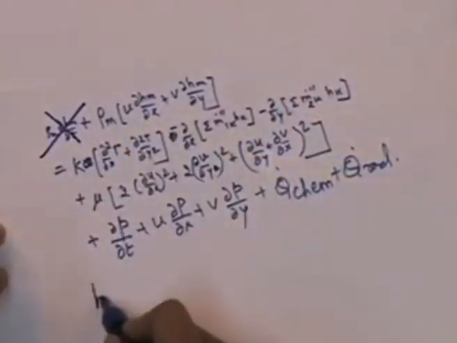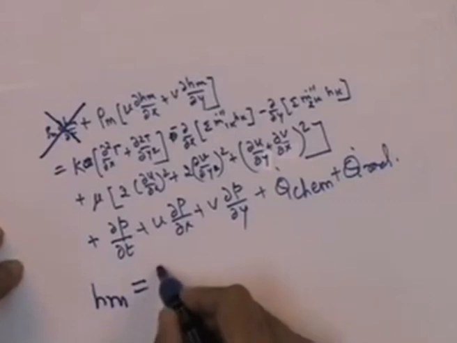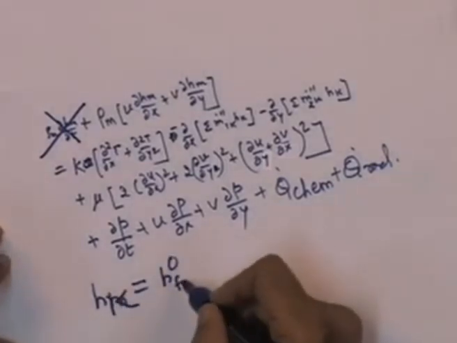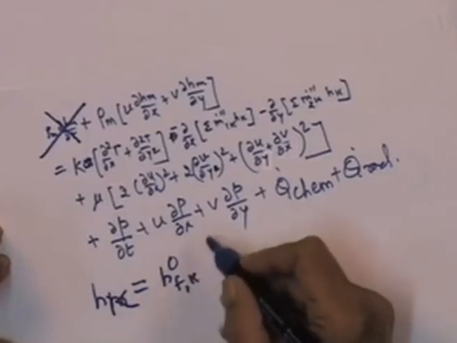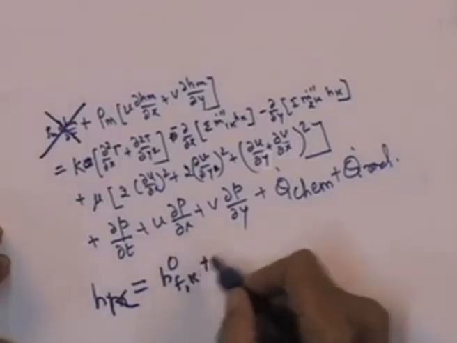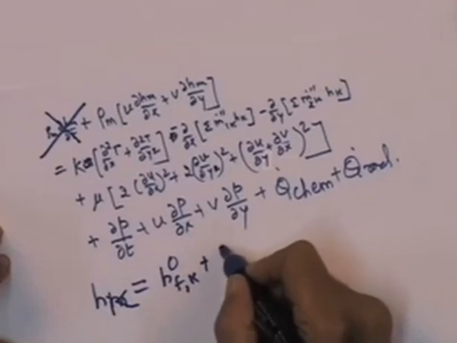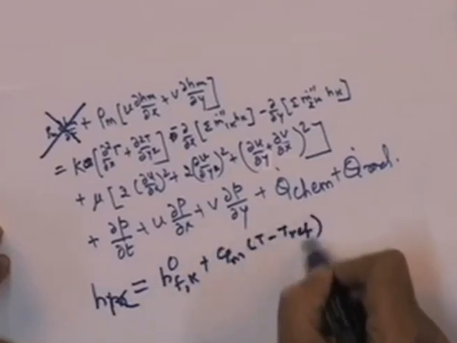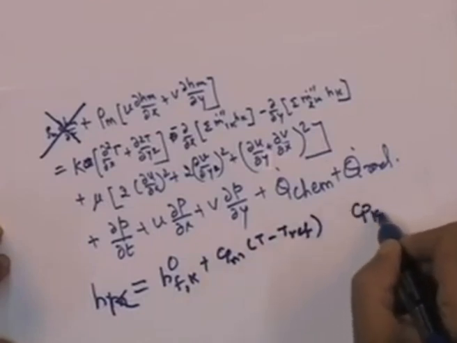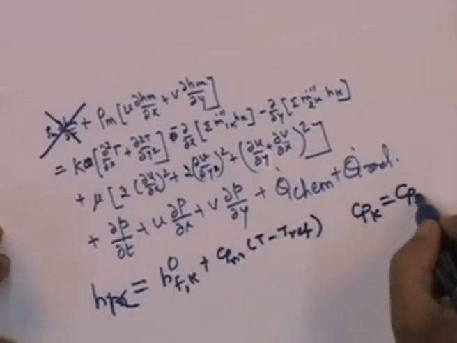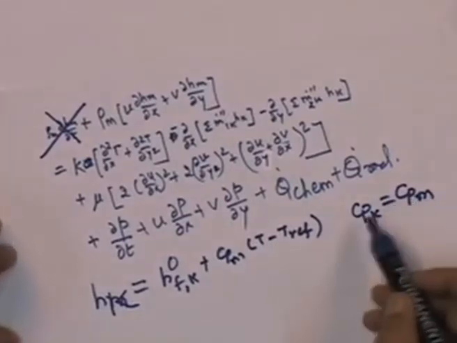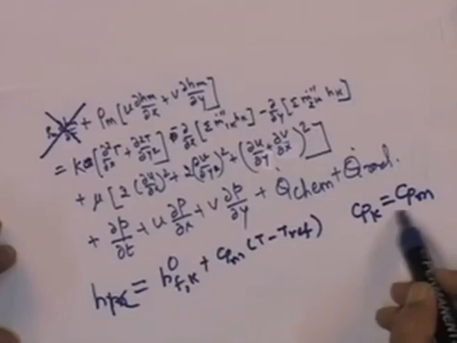Hm, which is H naught f or Hk, which is H naught f k, and Cpk equal to Cpm, then Cpm times T minus T ref, because all species have the same property as the mixture, and therefore Cpk is equal to Cpm; it's a uniform mixture.